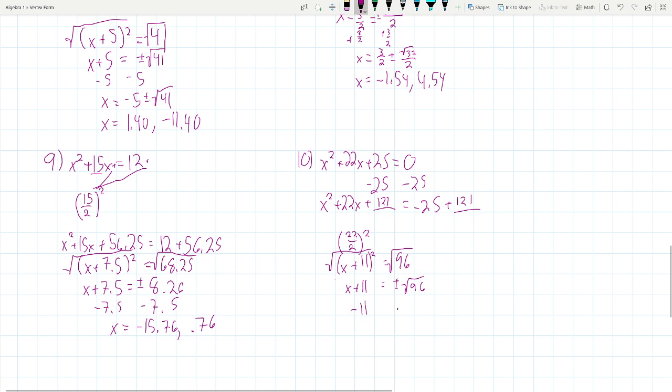Going to subtract 11, and so I get x equals negative 11 plus the square root of 96. So I get negative 1.20, and if I do minus, I get negative 20.8.